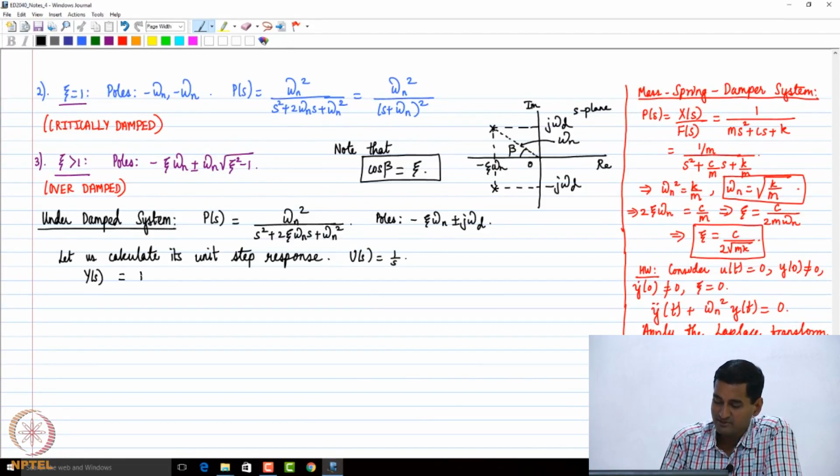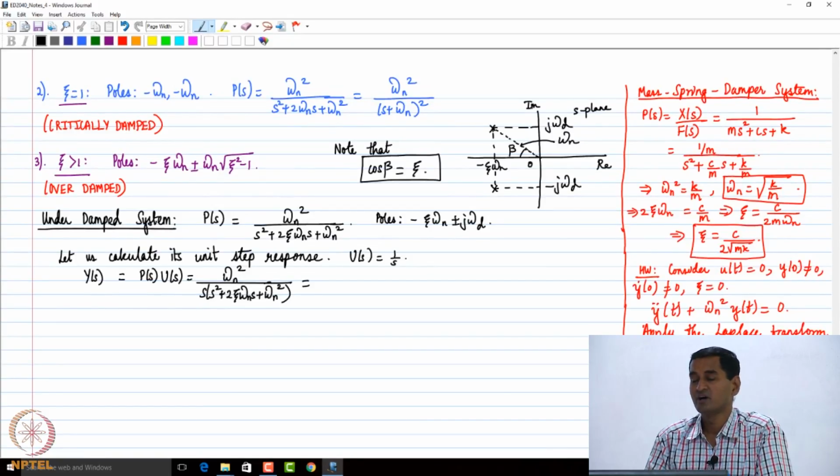So y of s is going to be p of s times u of s, which is going to be omega n squared divided by s times s squared plus 2 zeta omega n s plus omega n squared. So what will happen here? How do I do partial fraction expansion? We discussed this, right? Maybe a couple of weeks ago.